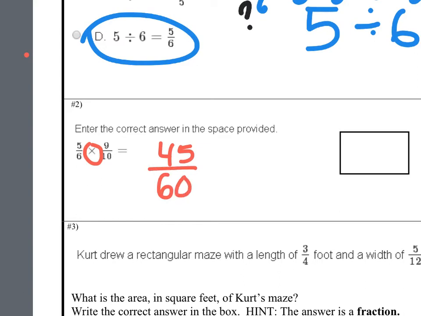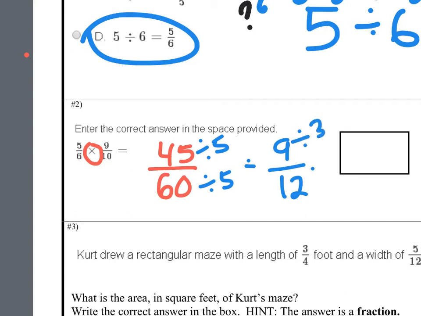Now we want to simplify this. We can divide the numerator and the denominator by the number 5, because 45 divided by 5 will give us 9, and 60 divided by 5 will give us 12. And then we can divide even more by 3 and 3. So 9 divided by 3 is 3, and 12 divided by 3 is 4.